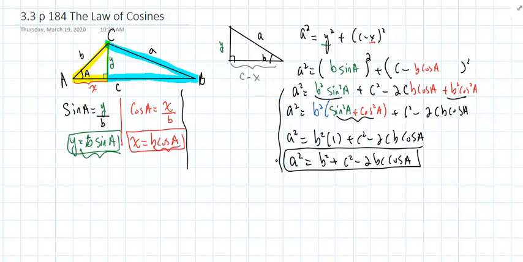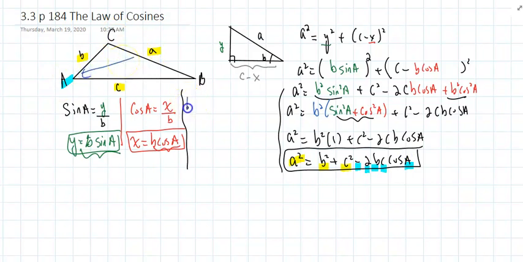so the way it works, if I go back to the original triangle, without any of the additions that I made, basically given any triangle, what this is saying is, if you take a squared right there, that would be b squared plus c squared, sort of like the Pythagorean identity, except there's an added piece, minus twice the sides b times c times the cosine of the angle opposite of a.